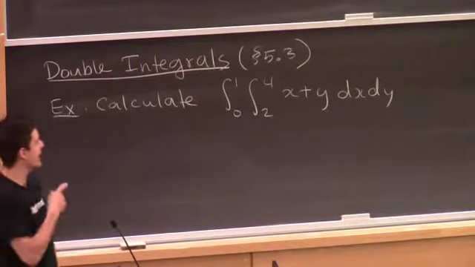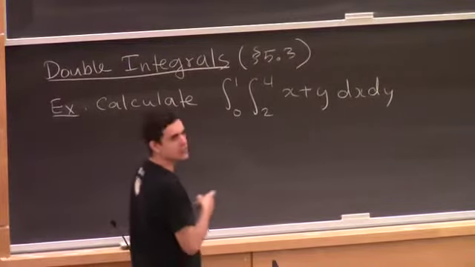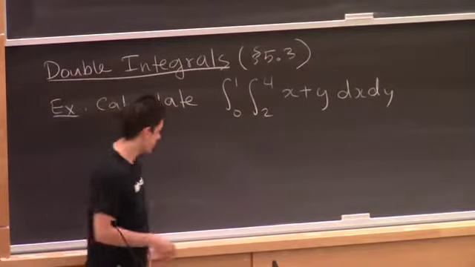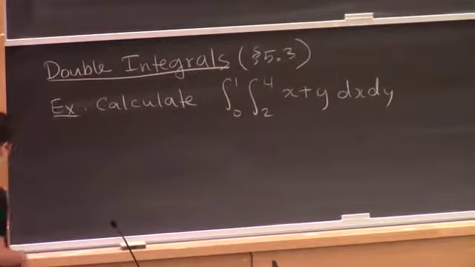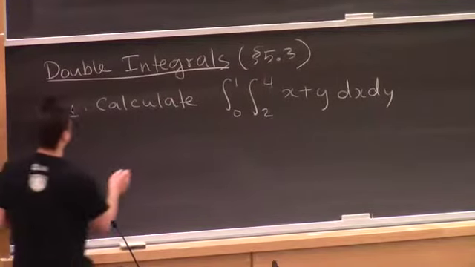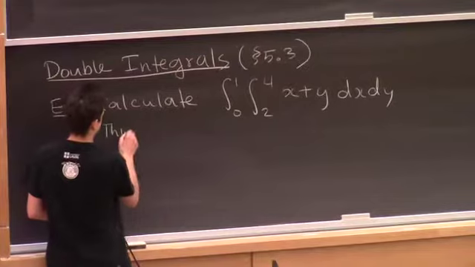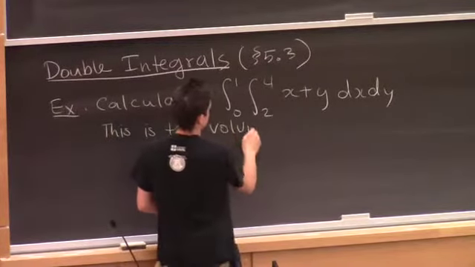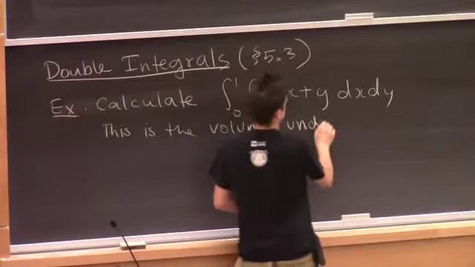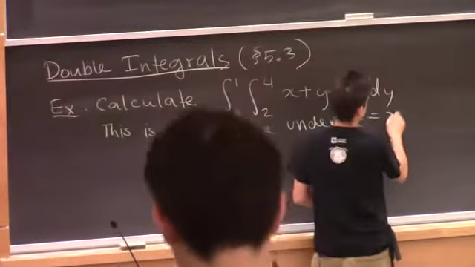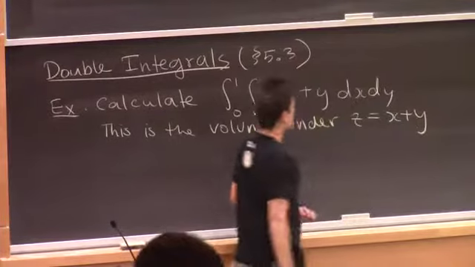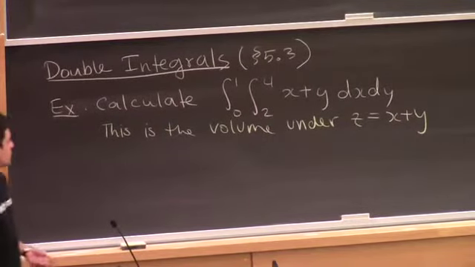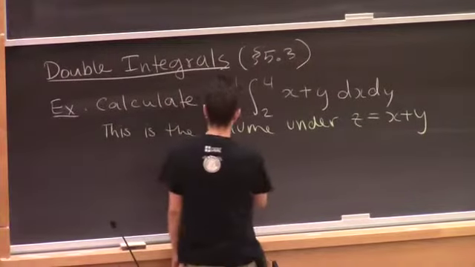Okay, so with these things, I think it's helpful to remember what this thing's calculating. So this is calculating a volume for us. So this is the volume under the function x plus y, and above the rectangle.